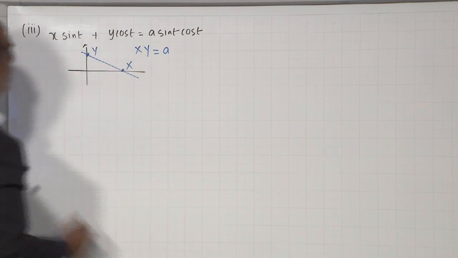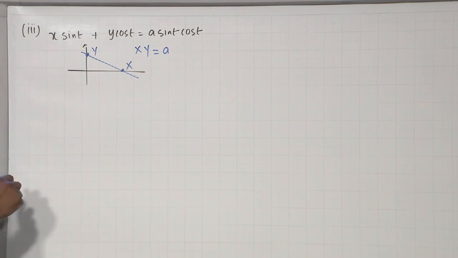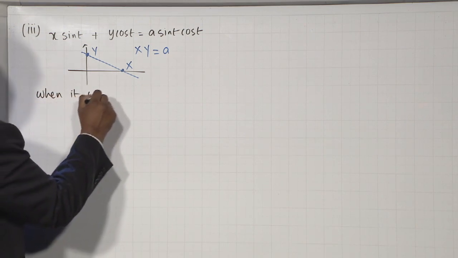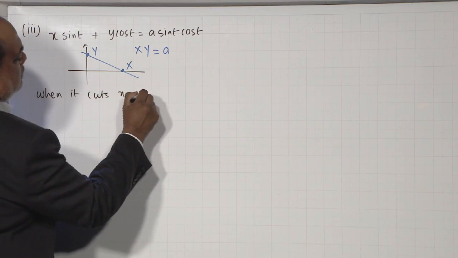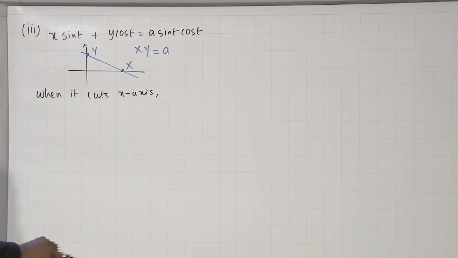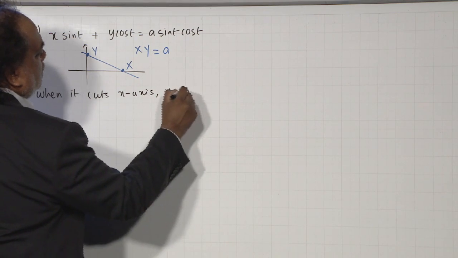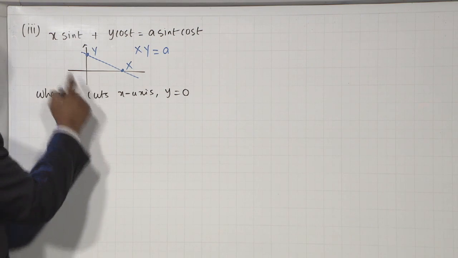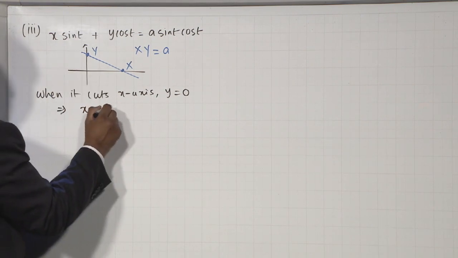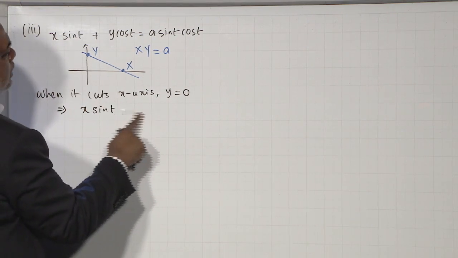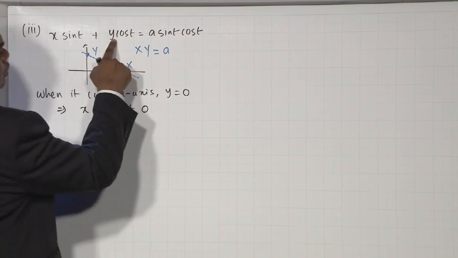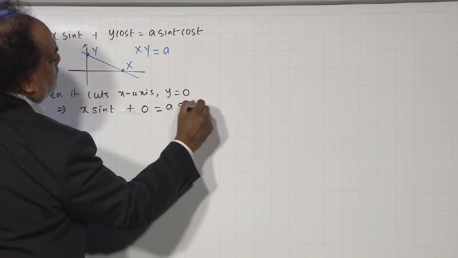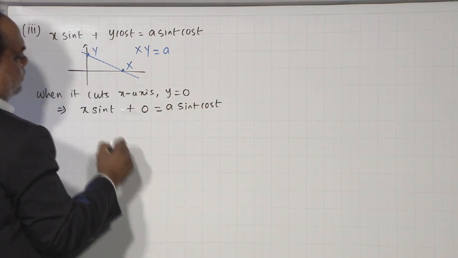Now, when a line cuts the x-axis, what happens? On the x-axis, all y coordinates are 0. So what will happen here? If I replace y by 0, we'll have x sine t plus 0, because y is 0, equal to a sine t cos t.